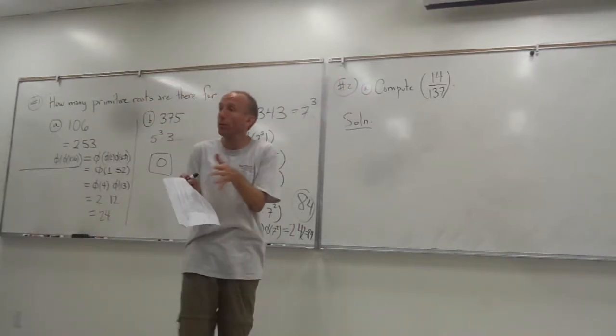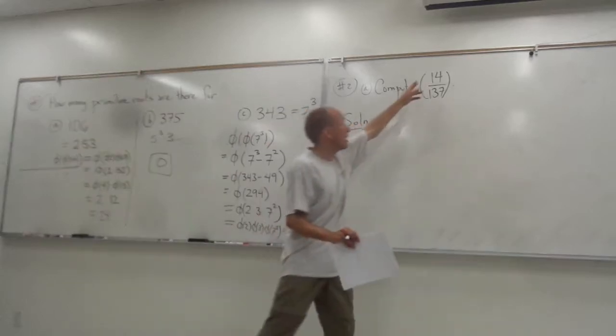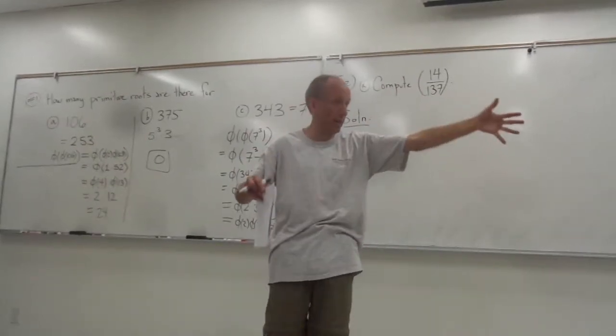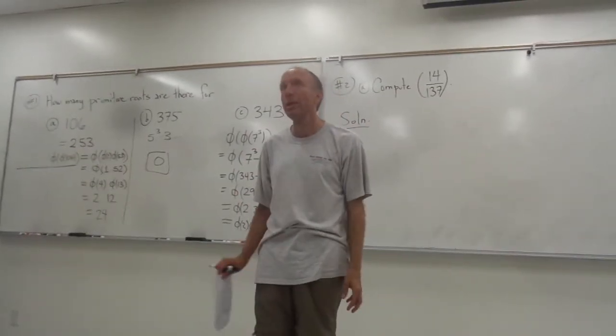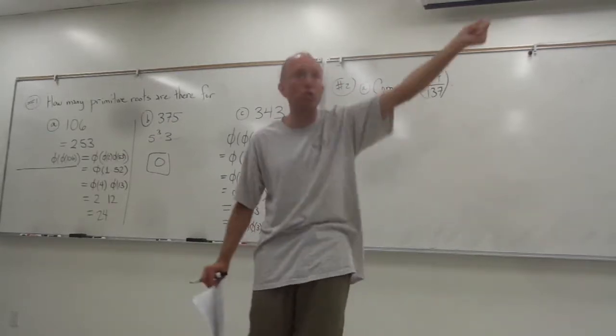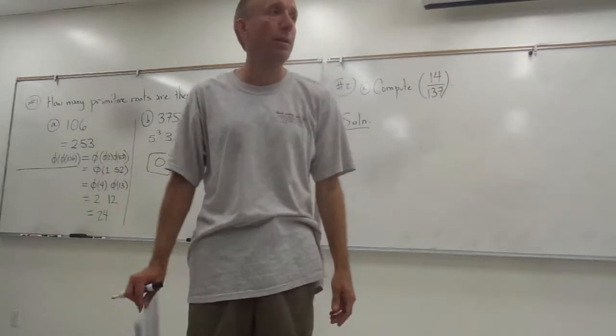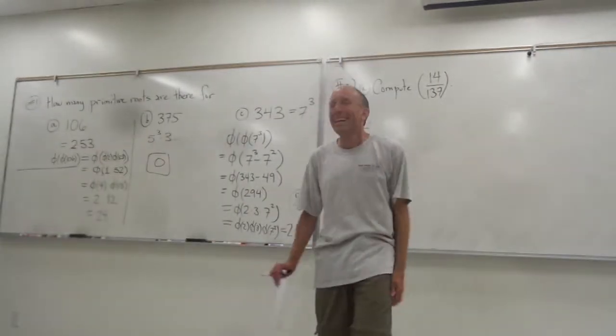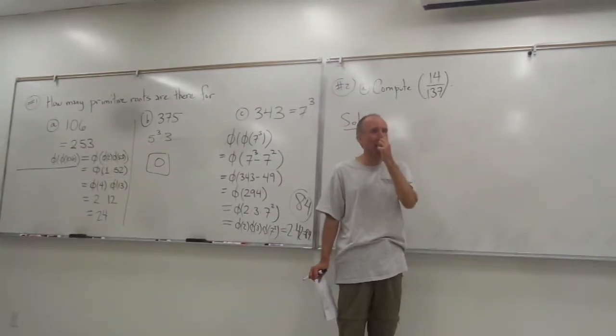I also have a multiplicative property. I can take what's on top and factor it and split apart the Legendre symbol accordingly. Anything that's a perfect square on the top can always just be discarded from that numerator, if I want to call it that. And let's see, what other kind of things do we know?